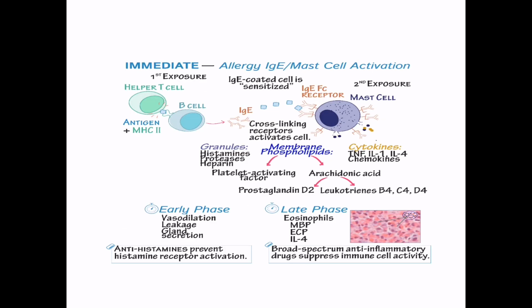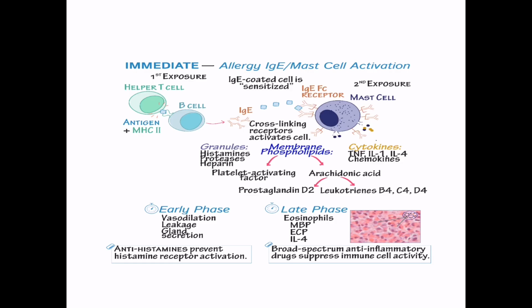If you look at this picture here, the B cell acts as an antigen presenting cell. It presents the antigen to the helper cell, and the helper cell secretes cytokines that activate the B lymphocyte to produce IgE, and the IgE will bind to the mast cell, and the mast cell becomes sensitized. Upon second exposure to the same allergen, the mast cell will be activated and release its granules.